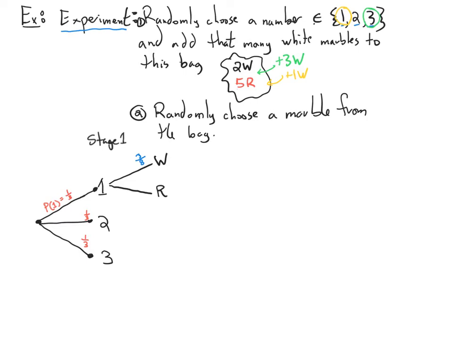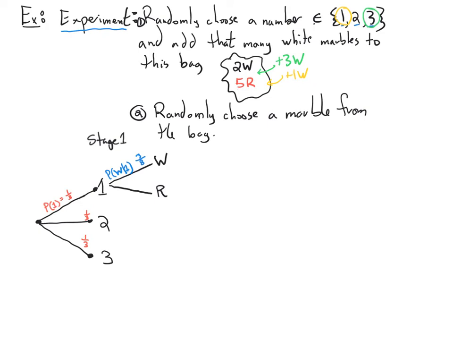And that's the probability of choosing a white marble given that I rolled a 1. So you have your conditions here as well.